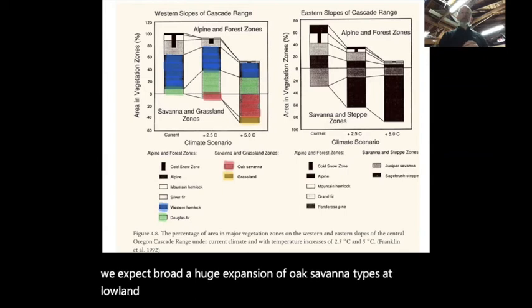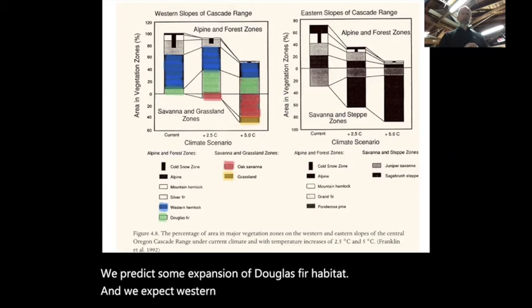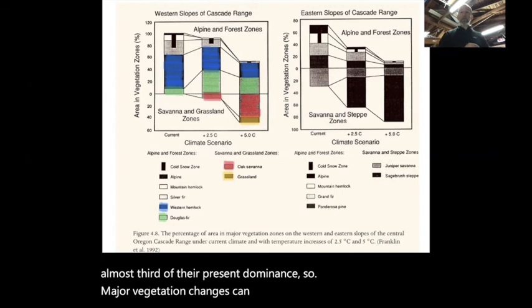We predict some expansion of Douglas fir habitat, and we expect western hemlock dominant forests to decline to almost a third of their present dominance. So major vegetation changes can be predicted and are expected with climate change.